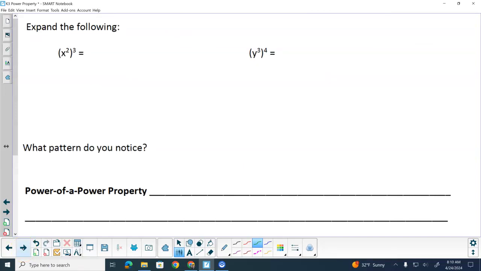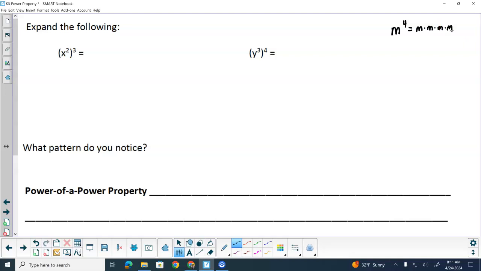So now we've got x squared, then cubed. What does that really mean, Austin? What am I going to multiply? How many times? Remember, we just got done saying that m to the fourth was m times m times m times m, so we multiplied m by itself 4 times.